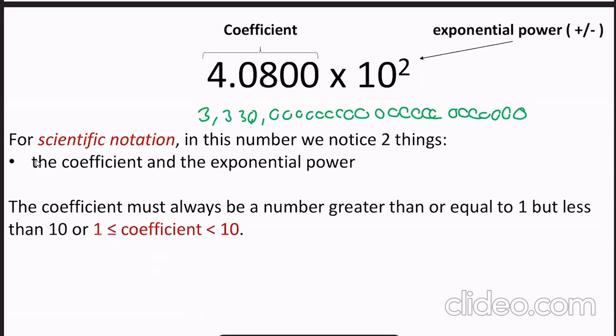So we have 1, 2, 3, 4, 5, 6, 7, 8, 9, 10, 12, 13, 25. It's just a lot easier to write this. So this is just a system we use in order to, again, write really large numbers or really small numbers, really small values.